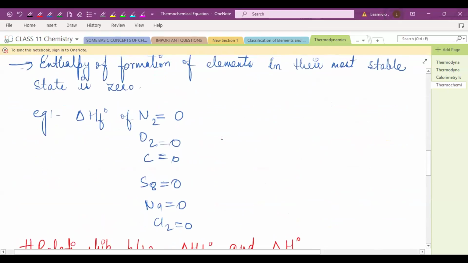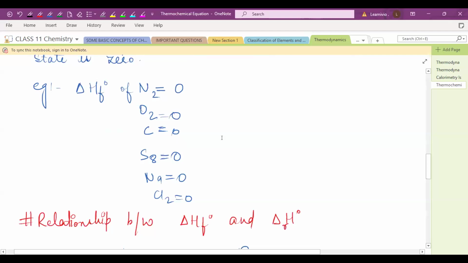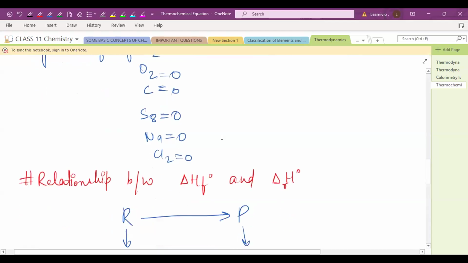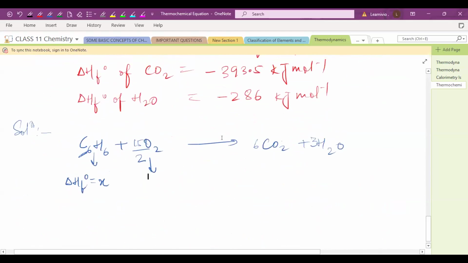The enthalpy of formation of elements in their most stable state is 0. Okay, so O2 अपने most stable state में है, so its enthalpy will be 0. You will take it as a 0. Okay, so that's why I have written some examples over here. When you see this, so you उस time आपके mind में आ जाएगा, yeah, it's 0. So you will take it as a 0.